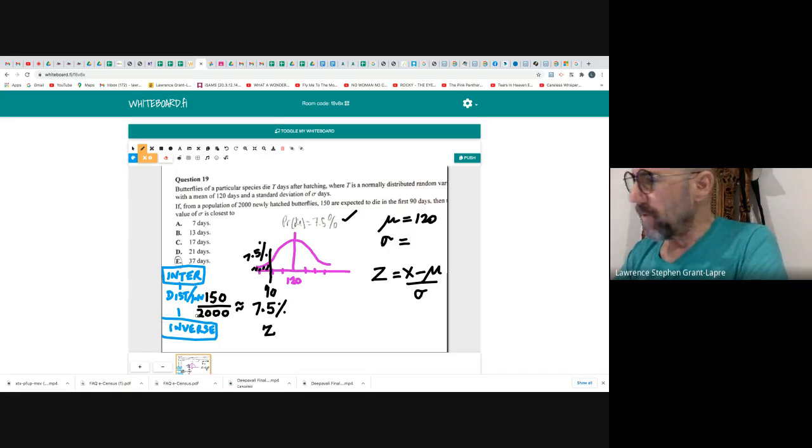And we know that the probability is 7.5, so we press the final one, the inverse of a normal CDF, it's the first one.